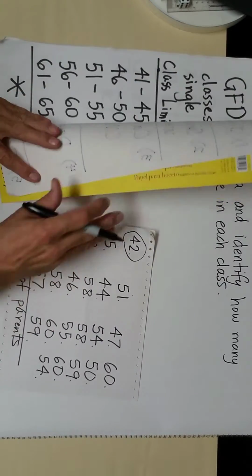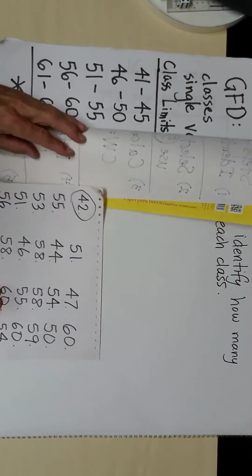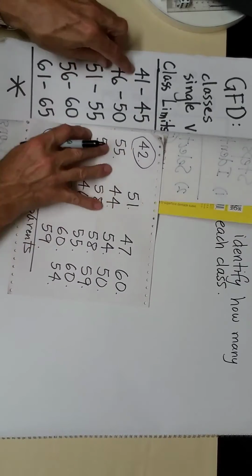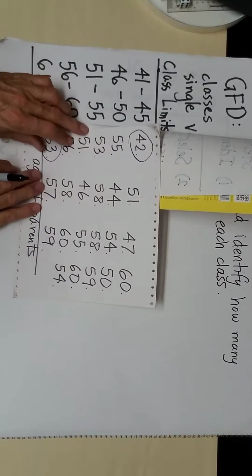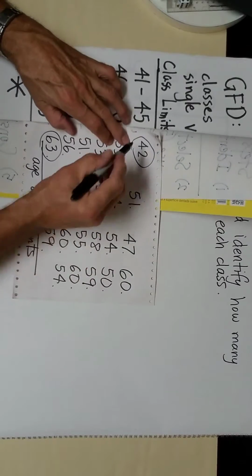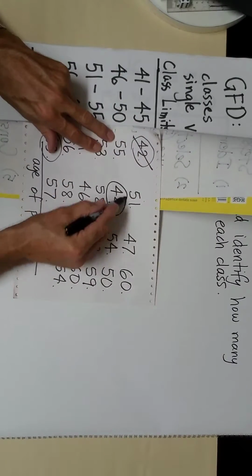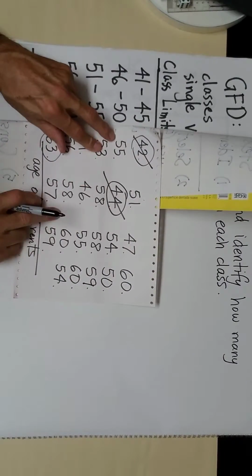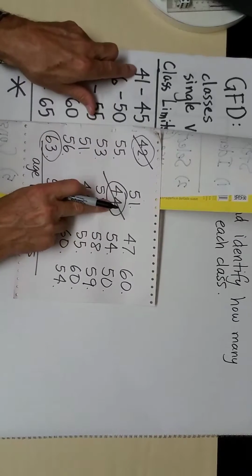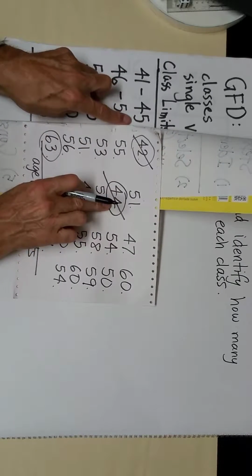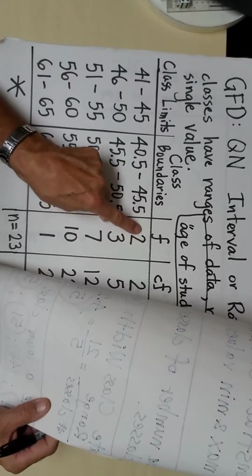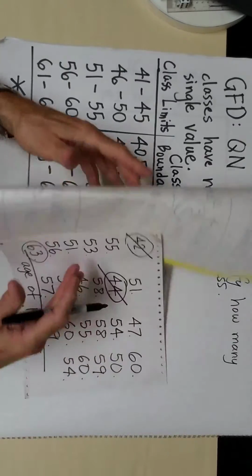Just to remind you, the first group is 41 to 45. So I'll search through and I've got 42 and 44. Those are the two numbers that are in this class. So my first frequency is 2.